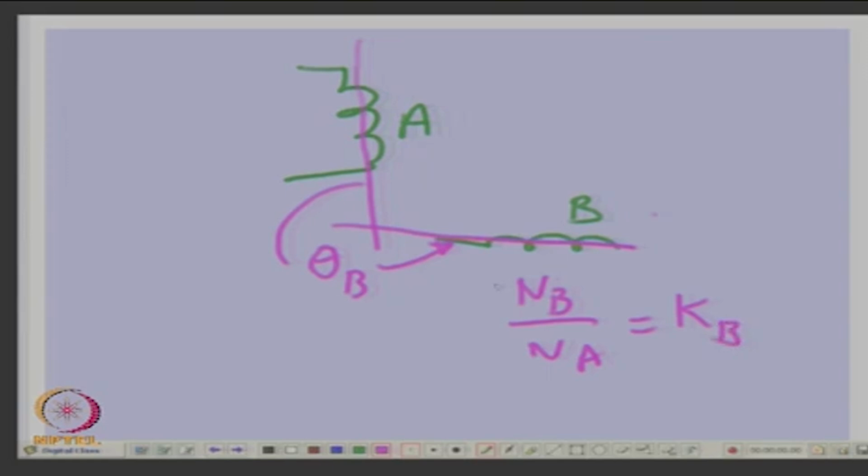This means the number of turns in the B winding is KB times that of the A winding. Is it clear?